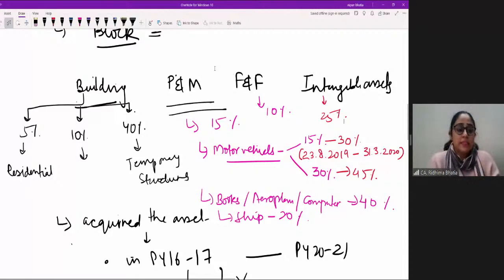If you acquire the asset in the middle of the year and put it to use at the end of the year, at least 50% of the rate of depreciation is allowed. So only the 180 days criterion is there. Otherwise, depreciation is not proportioned to the number of days.